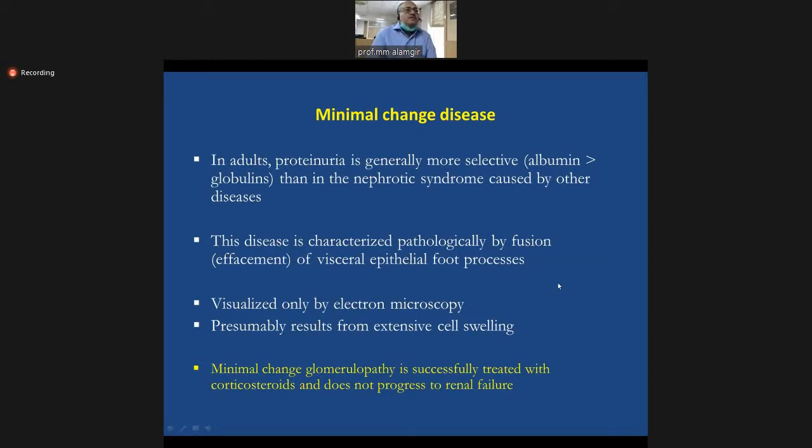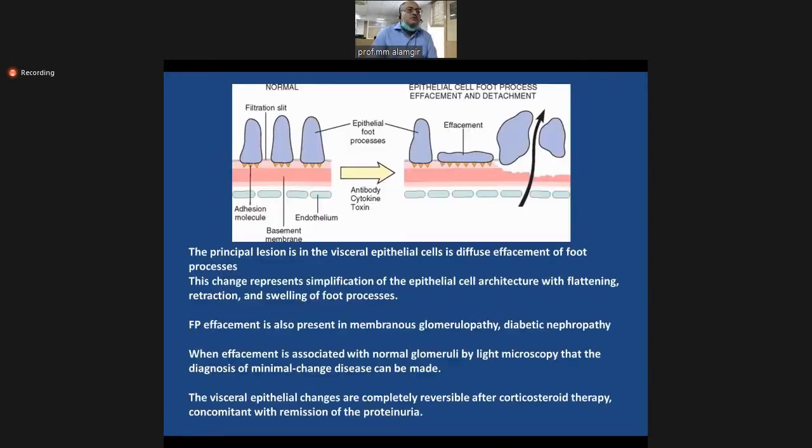While the two previous conditions, focal segmental glomerulosclerosis and membranous glomerulonephritis, do not respond well to corticosteroid therapy. In the second scenario, we saw that it initially shows a response to corticosteroid, but ultimately, as fibrosis and sclerosis develops, the patient becomes resistant to this treatment. But in children, the picture is different. They respond well to corticosteroid therapy.